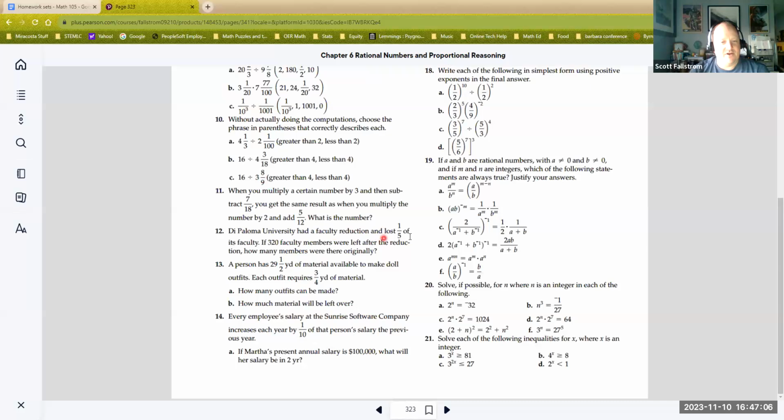All right, other questions on here. If they had a faculty reduction, they lost 1/5 of its faculty. Again, if you lost 1/5, it doesn't matter how much you started with. I started with some amount, I take away 1/5 of that amount.